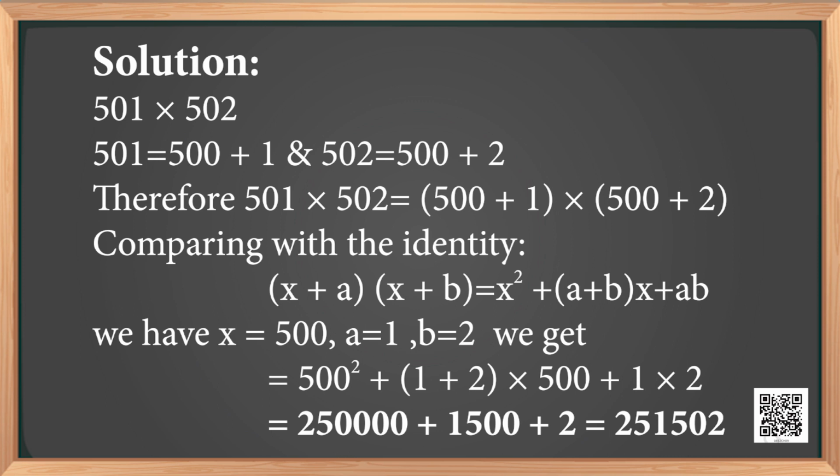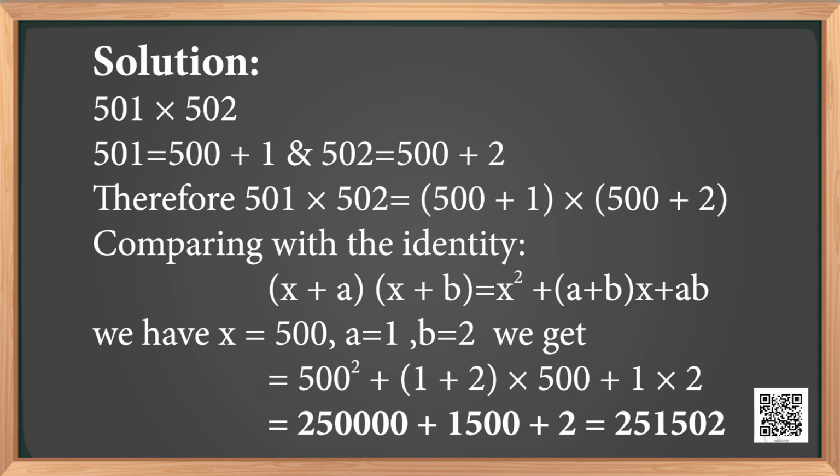Therefore, 501 × 502 is equal to (500 + 1)(500 + 2). By comparing with the identity (x + a)(x + b) = x² + (a + b)x + ab, we have x is equal to 500, a is equal to 1, b is equal to 2, and we substitute the values of x, a, b in the identity.